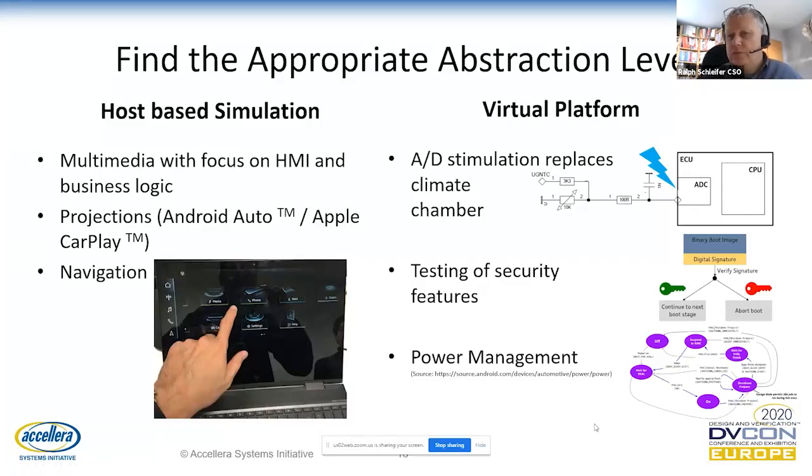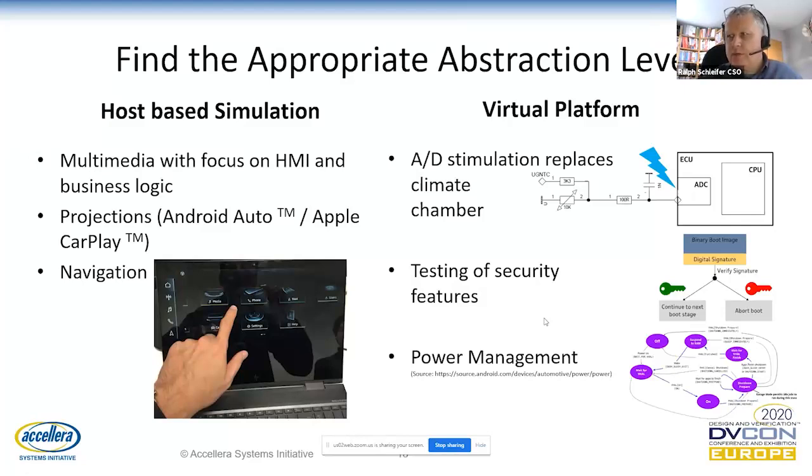So with a virtual platform, you can, in the sense of error injection, try over and over again and test that over and over again without the risk of losing hardware samples, which is a realistic case in that context.